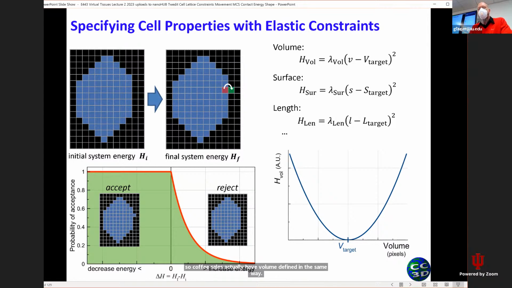Every cell is going to have a target volume, which is the volume it would have if nothing else were acting on it. And it's going to have an actual volume, V. And there's going to be a penalty function, an effective energy, which is defined by the deviation between the current volume and the target volume.